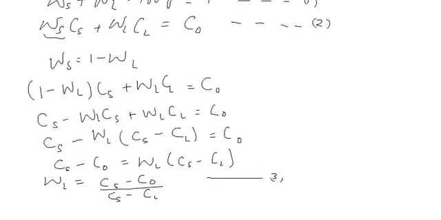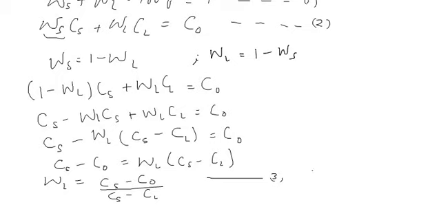If you're trying to calculate your ws, you either follow the same process by calculating your wl as wl equal to 1 minus ws and then resubstituting back, or you can use this as your wl and substitute it here, such that when you're calculating your ws, it will simply be 1 minus this.